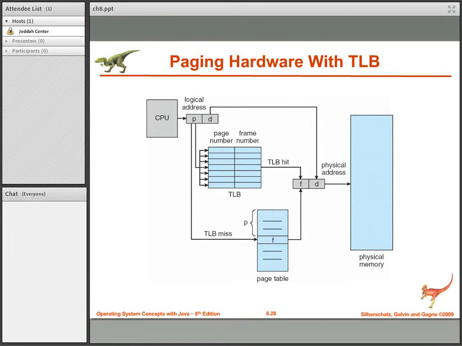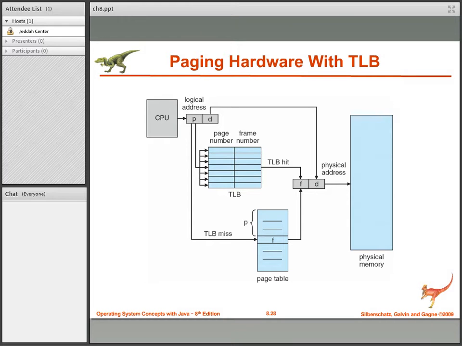This is a diagram showing this operation. You have the CPU on the left generating the logical address with its P and D segments.